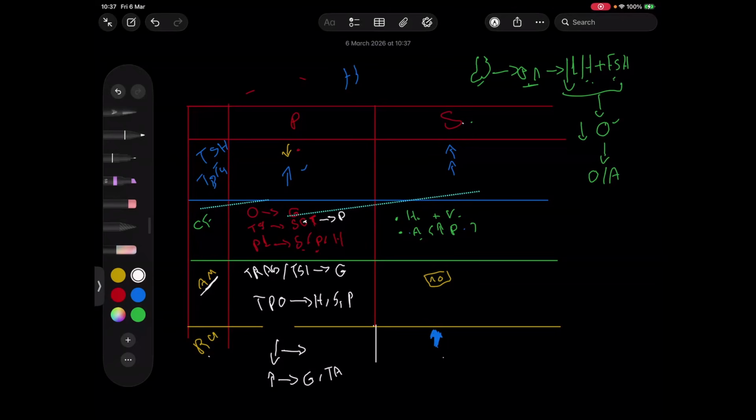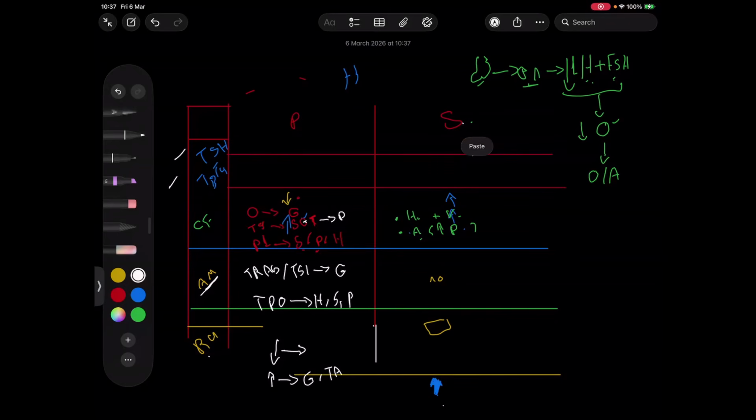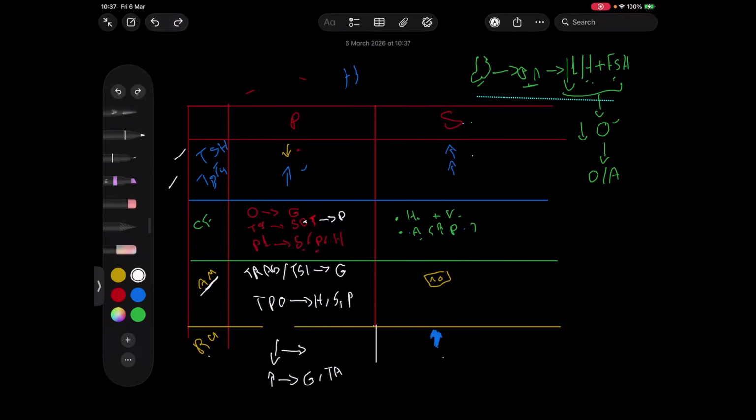Let's recap the whole table. It's either primary or secondary. You're going to look at TSH and T3, T4. If both of them are in the same direction, it's going to be secondary. If they are in different directions, you're going to think about primary.